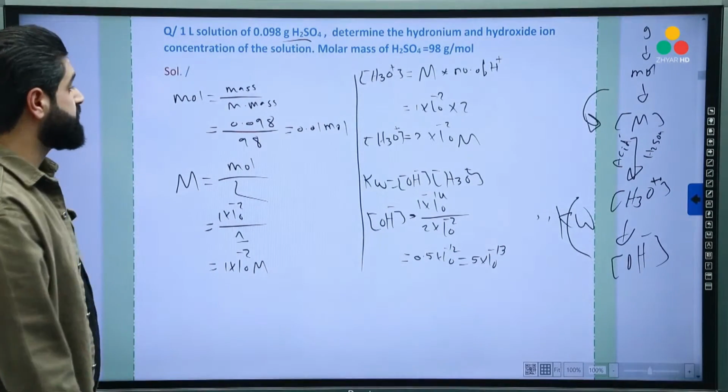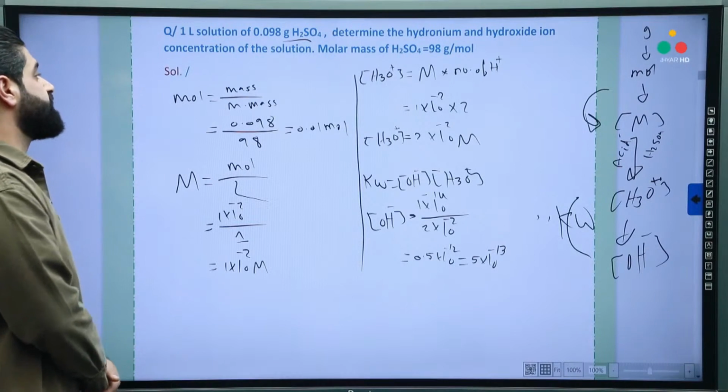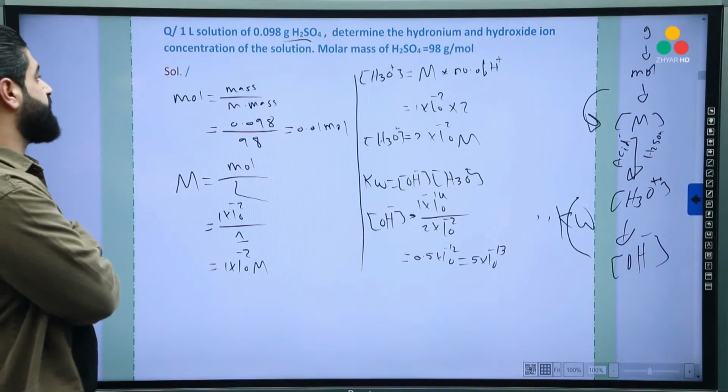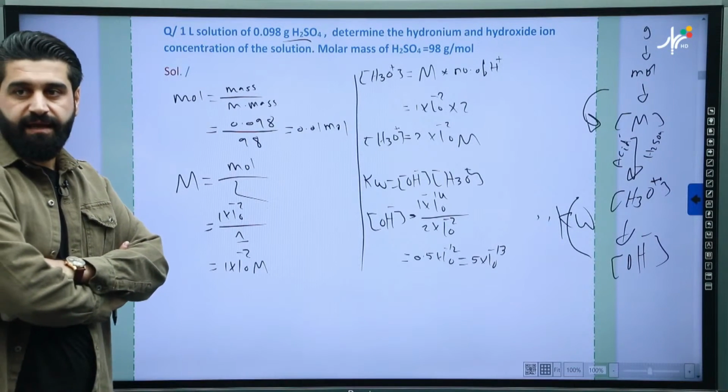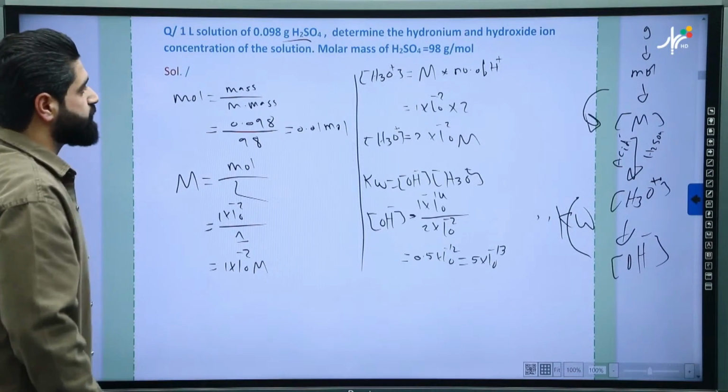Very good. In this way, we can solve any question related to the relation between molarity and hydroxide, as well as hydronium.